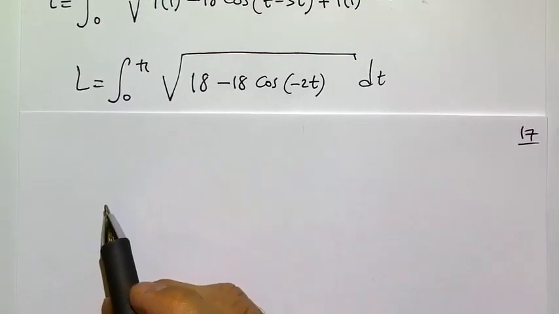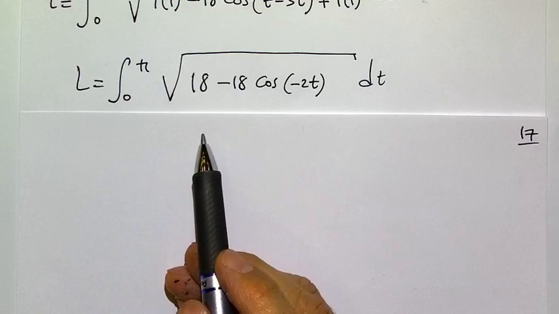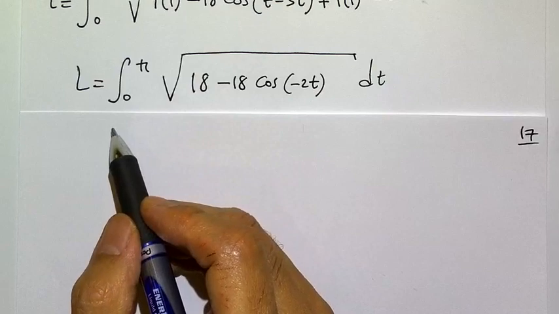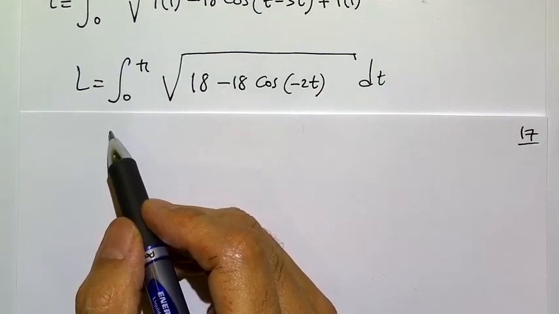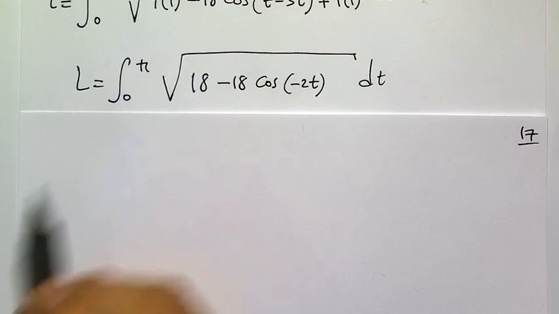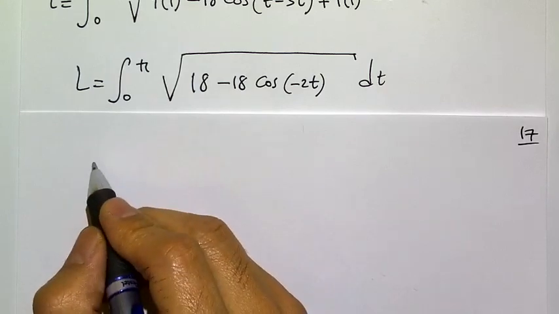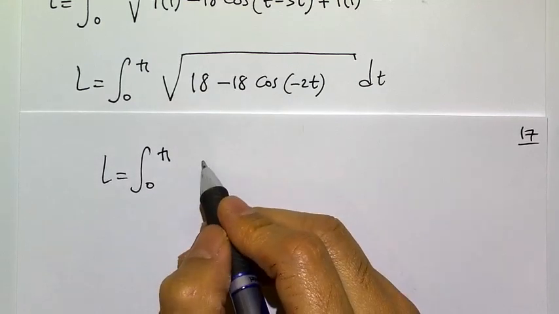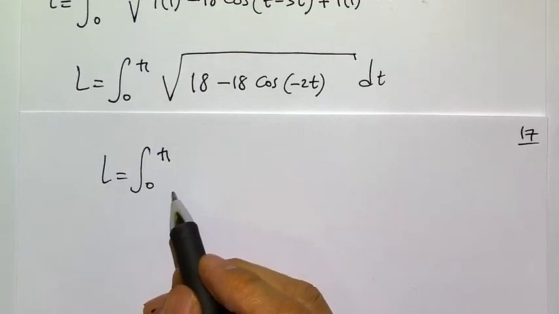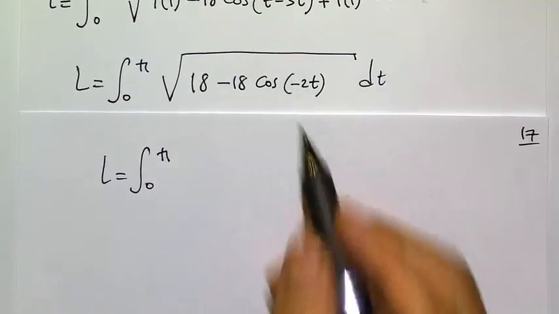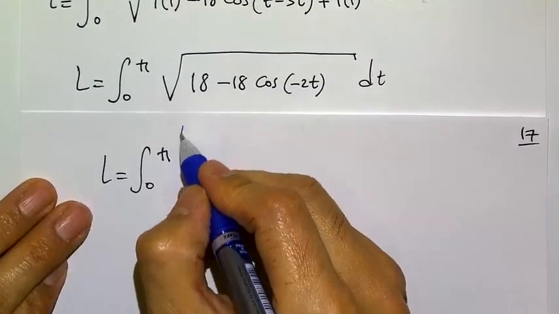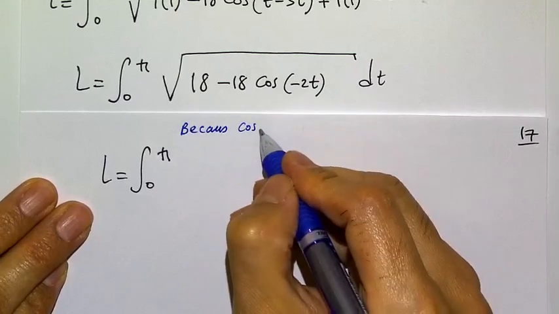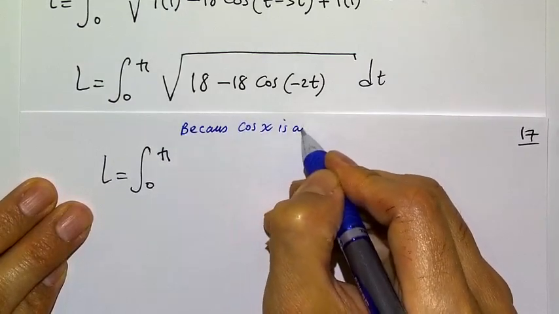All right, so at this point I guess we can factor things out, right? So let's do that. Pi, we have 18. Well, first let me simplify this, because cosine of x is an even function.